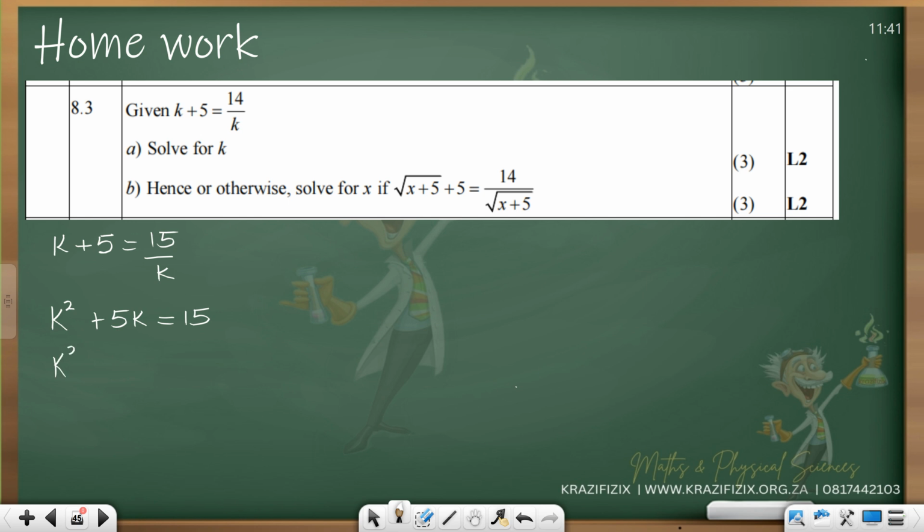And that gives me a trinomial. Oh, it's 14, because I'm beginning to wonder, no factors. 7 and 2 would work. So K equals negative 7.